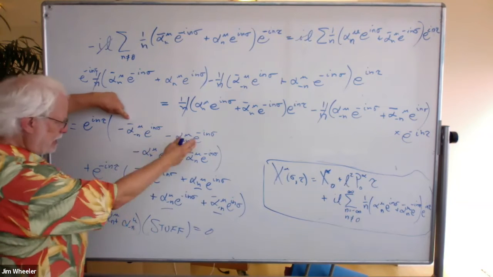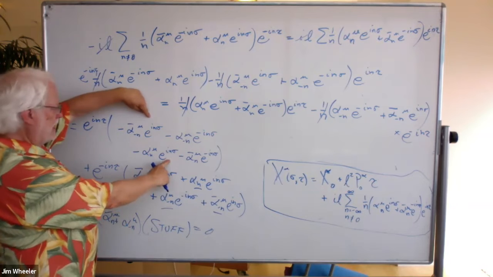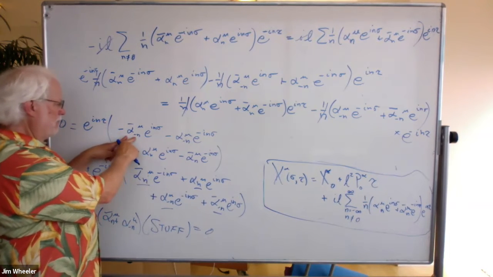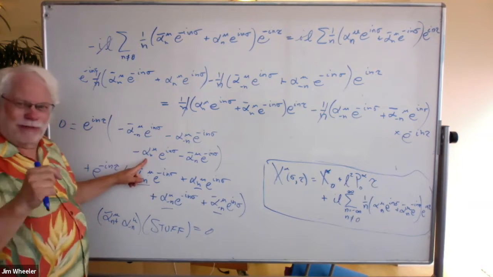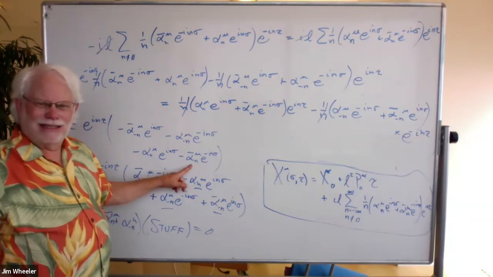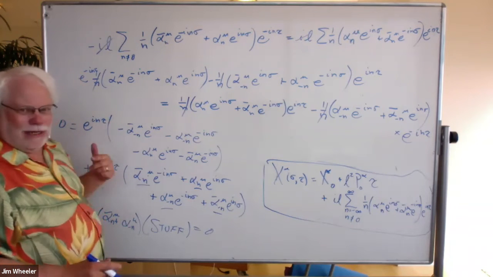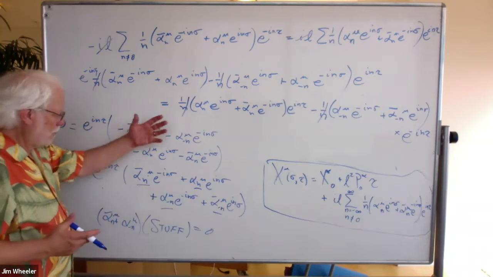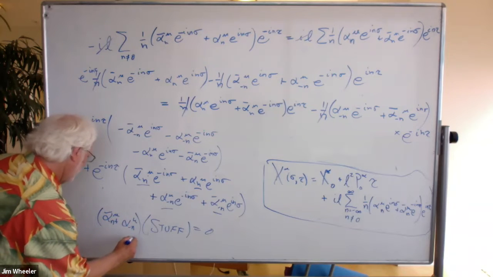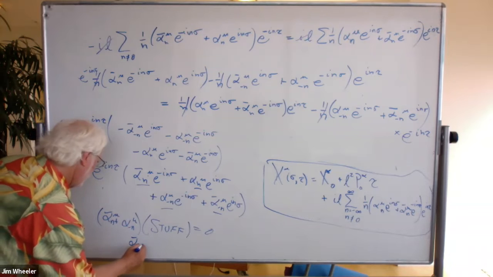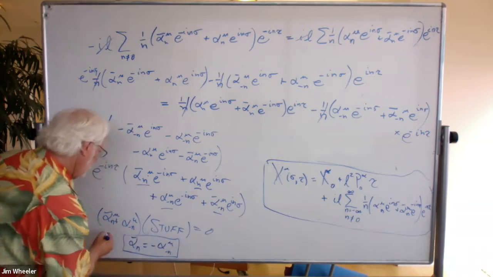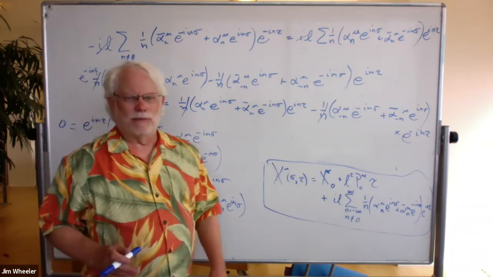Here we have the same thing. Everything has minus signs, but the plus I n sigma, it's the sum of the same two things. It's the conjugate of minus n with the unconjugate of plus n, or it's alpha minus n with the conjugate of n. The conjugate of this is equal to that. So we get the same thing from all 4 independent combinations. And so we have alpha bar n equal to minus alpha of minus n mu. And that's a different sign than I came up with this afternoon.